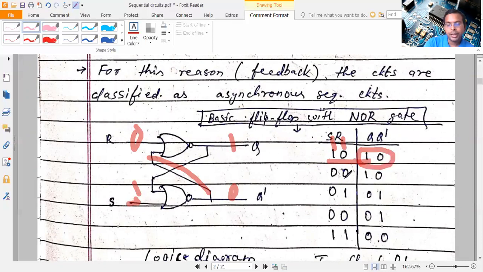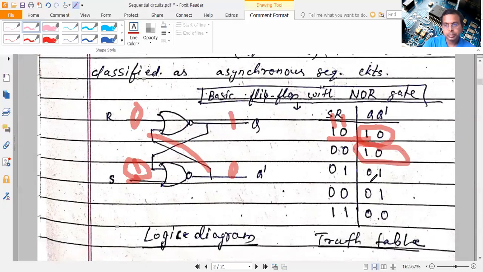Now, if I change this 1 to 0, what will happen? Since the other 1 is still there and reaches here, it will keep this output in the 0 state, and the 0, 0 will keep the other in the 1 state. So nothing is going to change. Similarly, when I change the other input from 0 to 1, this remains 0 and this becomes 1.